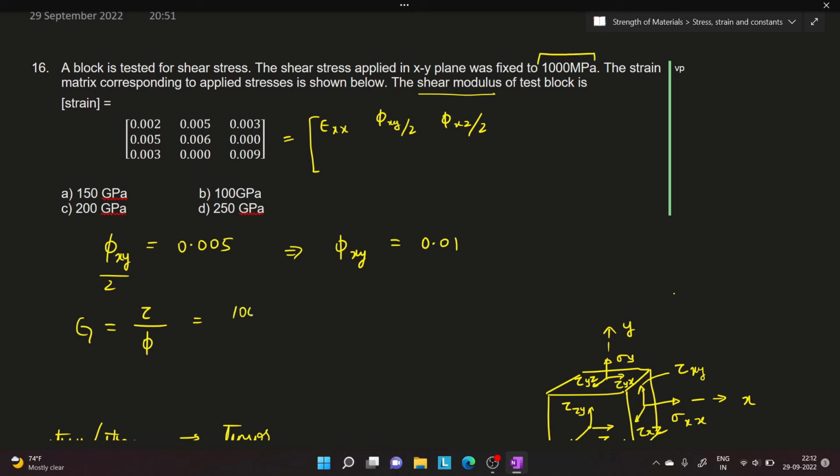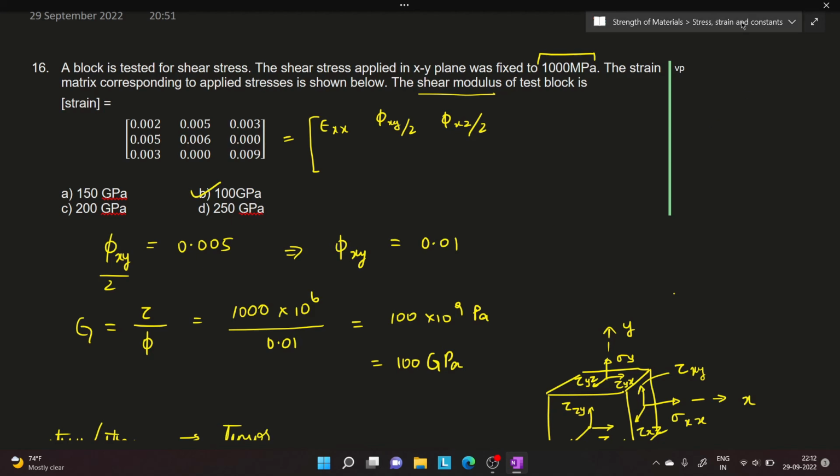So 1000 into mega is 10 to the power of 6 pascal divided by the shear strain, which is nothing but 0.01, which gives me the shear modulus as 100 into 10 to the power of 9 pascals, which is nothing but 100 gigapascal. 10 to the power of 9 is giga, so option B would be the right answer.